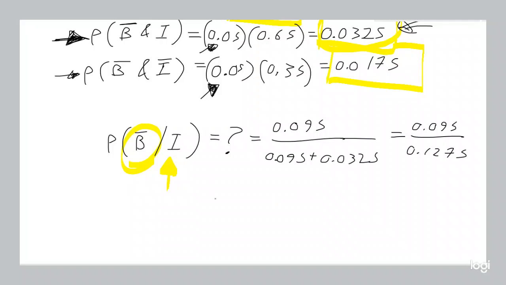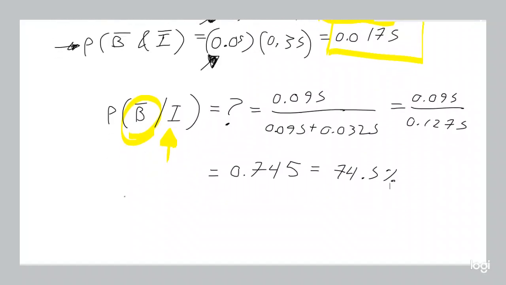So what we get as a result is approximately 0.745, or 74.5%, which is a pretty huge number. So in this imaginary city we came up with, given that someone received an injury after a serious accident, the probability that they were not wearing a seatbelt is 0.745 or 74.5%.